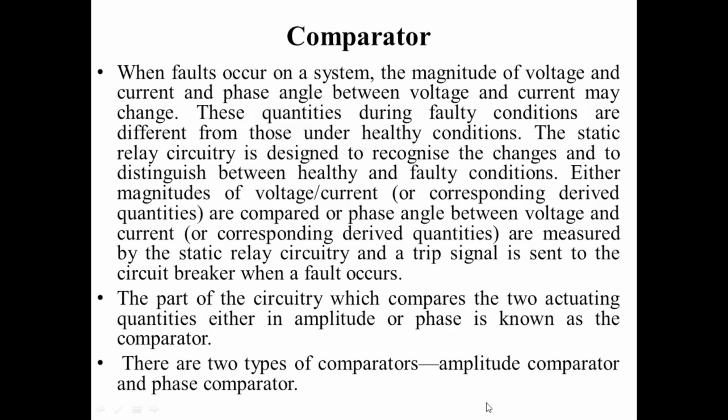When there is a difference between these two quantities, the static relay circuitry compares them, and then a trip signal is sent to the circuit breaker when a fault occurs on your system. Then the circuit breaker takes further action, and after that the contacts close and your system is in a healthy condition.